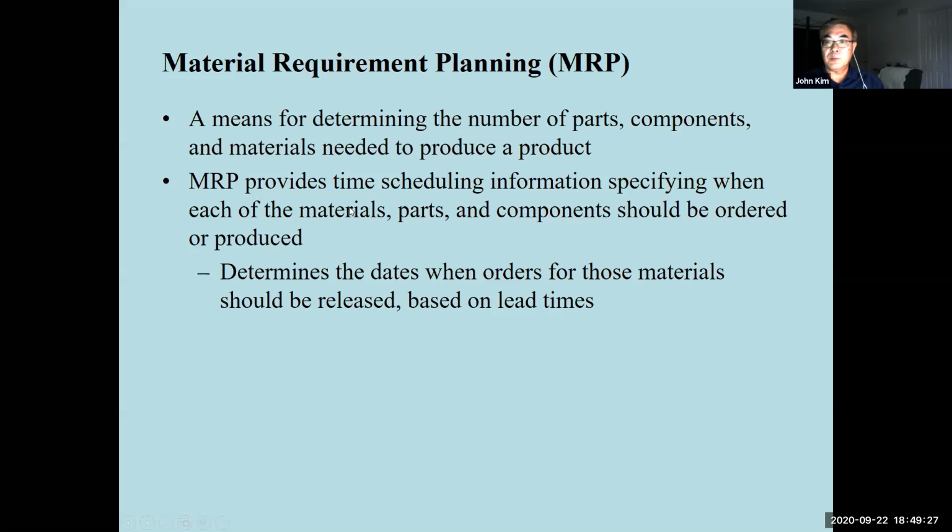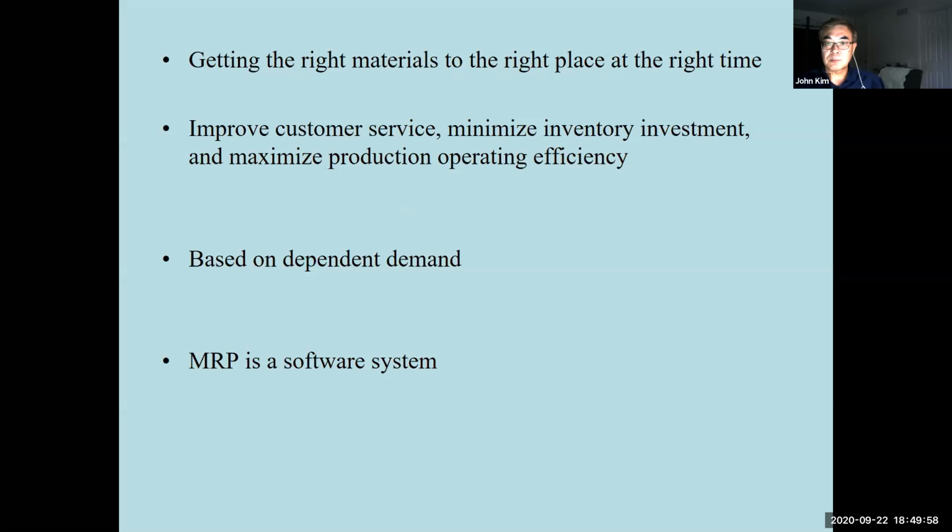The MRP provides time scheduling information specifying when each of the materials, parts, and components should be ordered or produced, and determines the dates when orders for those materials should be released based on lead time. So how many parts, what parts, when to order, when to receive, and so on. We use this MRP system to get the right materials to the right place at the right time.